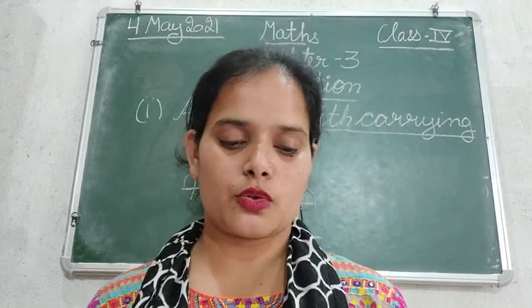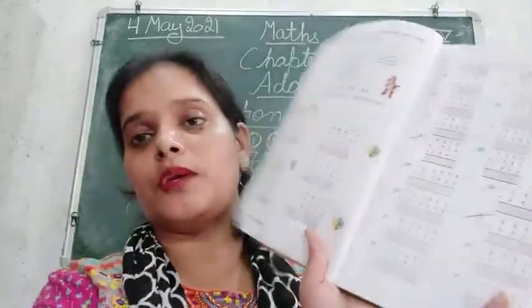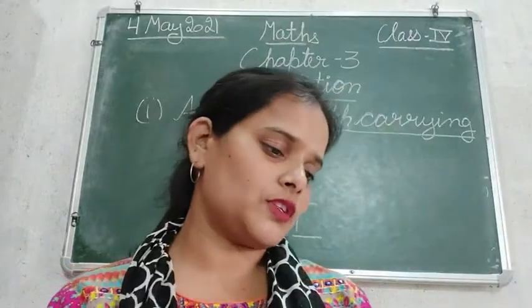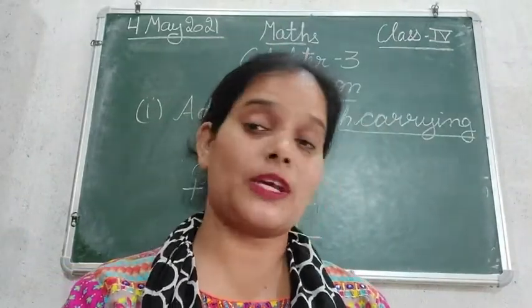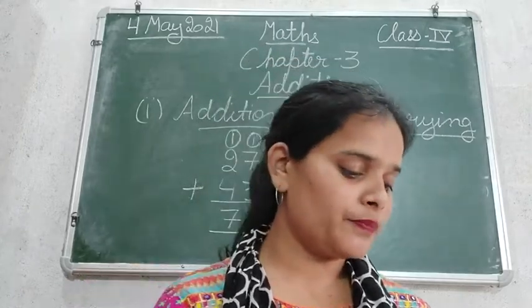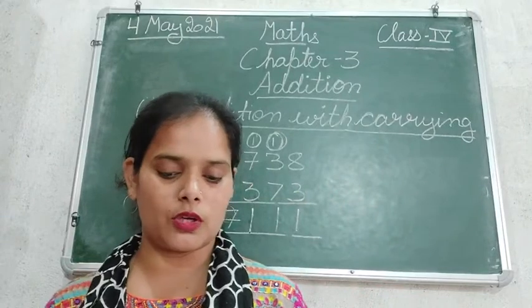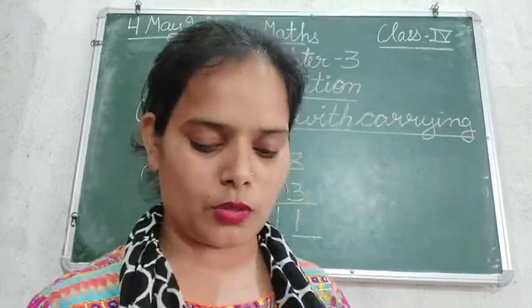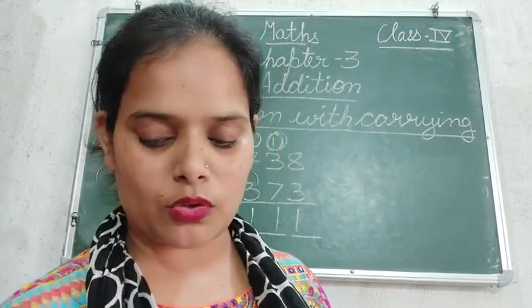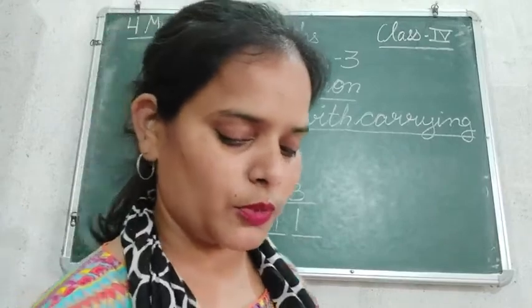Okay, chaliye, today we will start with exercise 3.1, and in exercise 3.1 you can see there are lots of questions. There are about 31 questions given in the book. Some of the questions you can do in the book, and some you can do in the notebook as well.